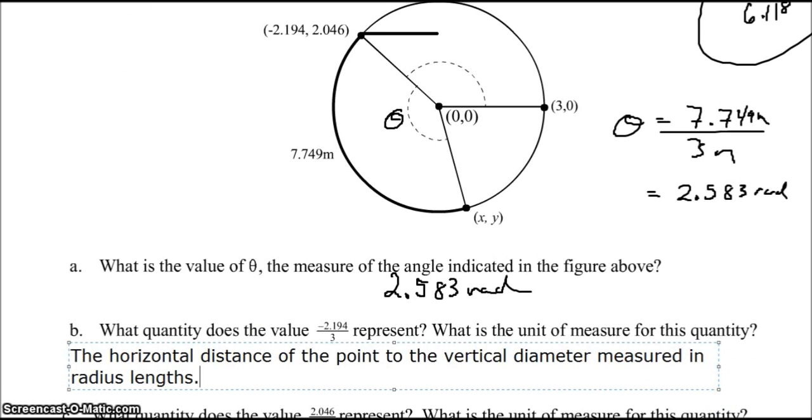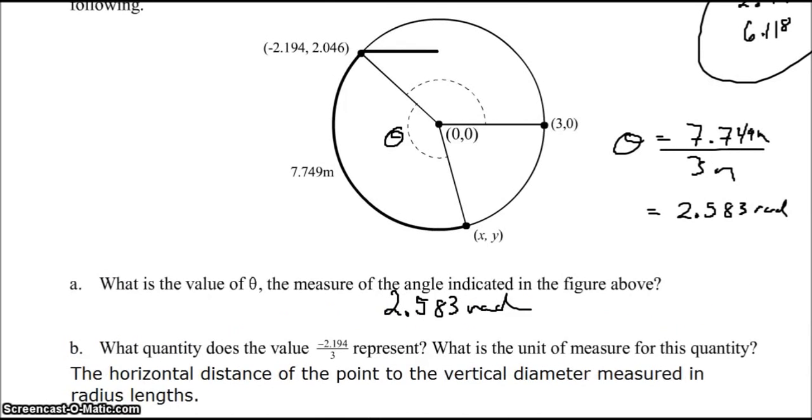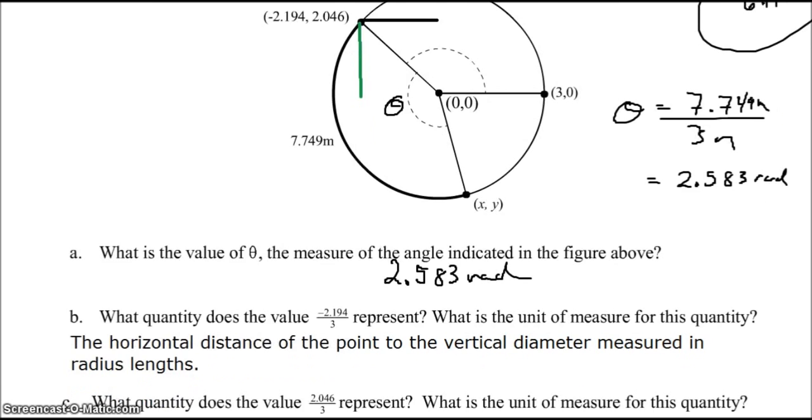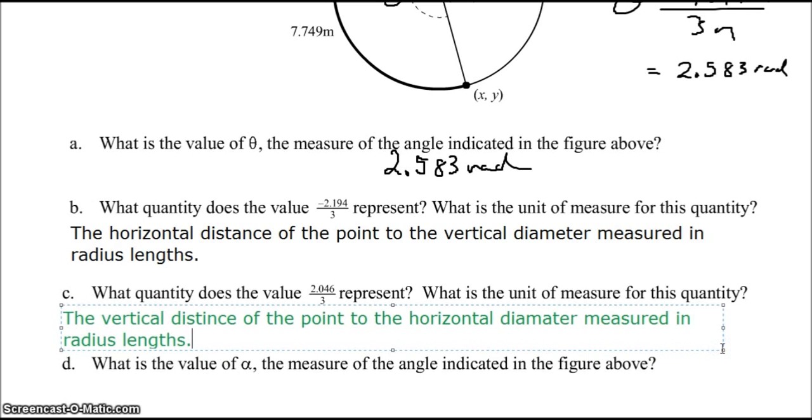Okay, and then what about the 2.046? Well, it represents this vertical distance, measured in radius lengths.